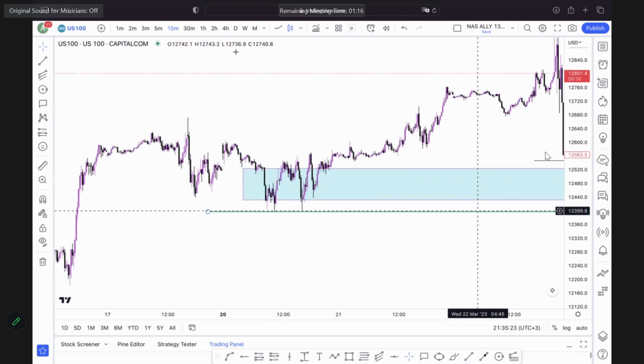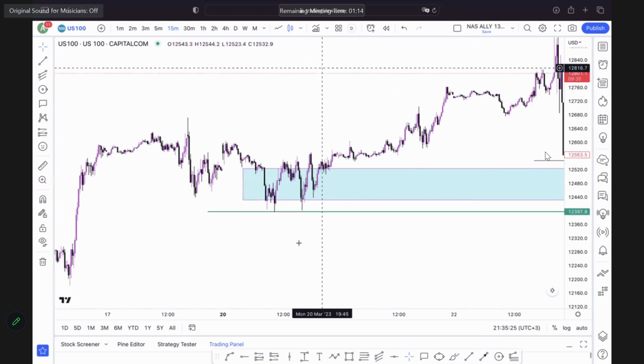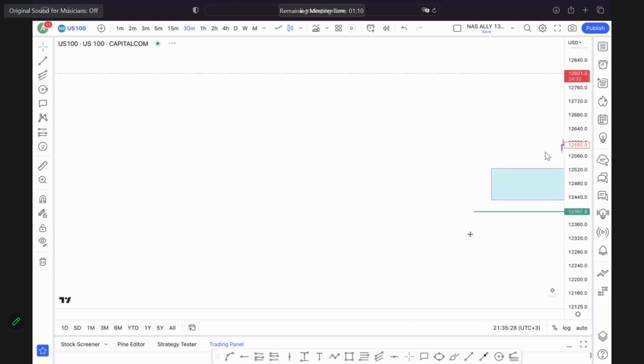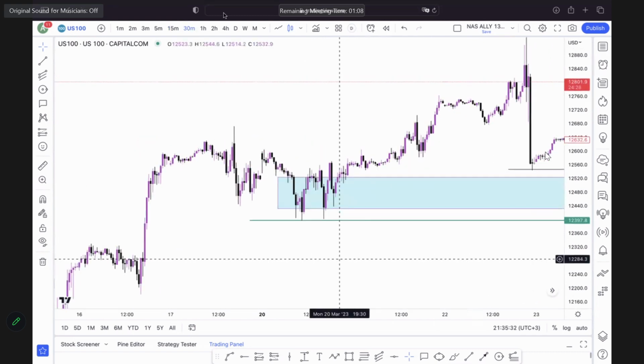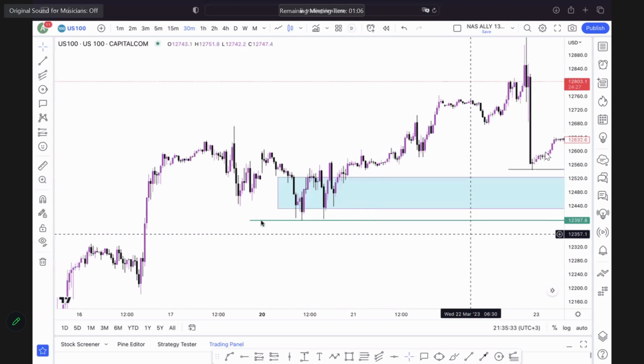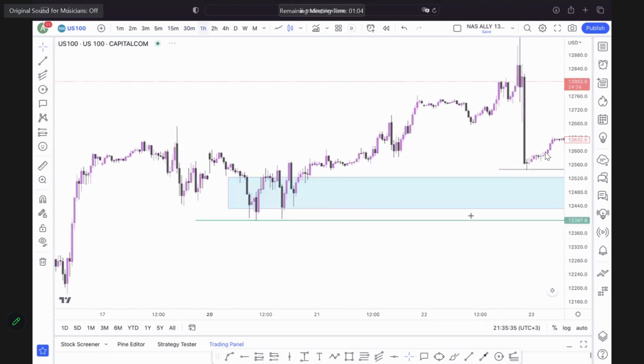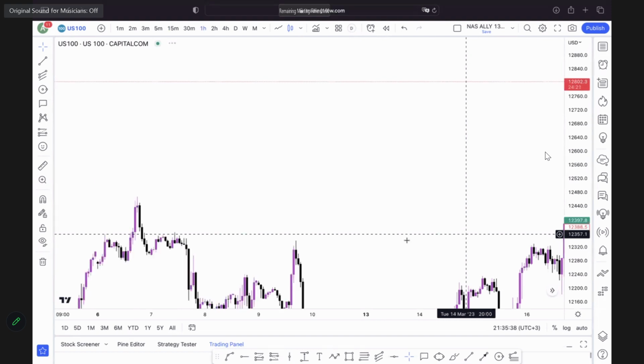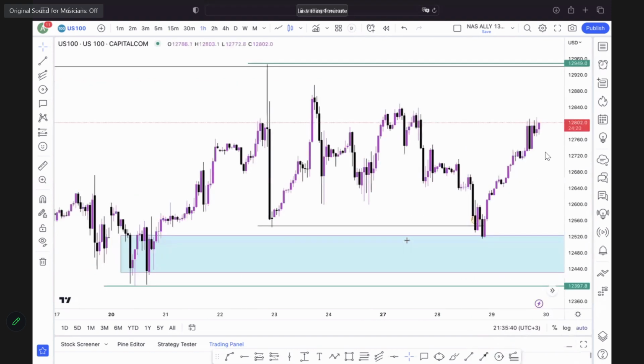Let's go maybe 30 minutes. Okay, we're still going to get into it. I don't want to confuse anybody now. Yeah, 1 hour was the clearest, to be honest. But basically it told us it needs liquidity. It's coming to collect liquidity, and that is what's now going to push the market higher.